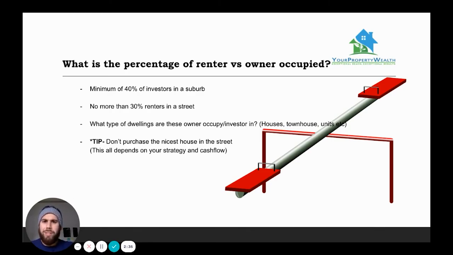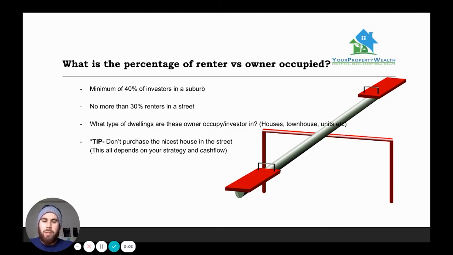A lot of those people are renting in the apartment market. So how do you know what dwellings they are in? Are they in houses, townhouses, apartments, units, etc.? Looking at ABS data, I'm going to do a video, which I've spoken about before, on how to find individual dwelling data for investors per dwelling type, because that's super important.